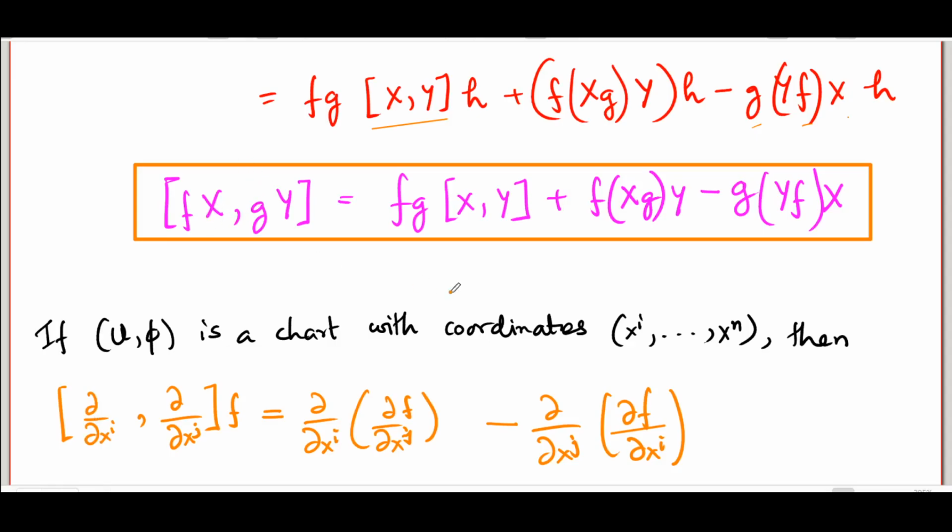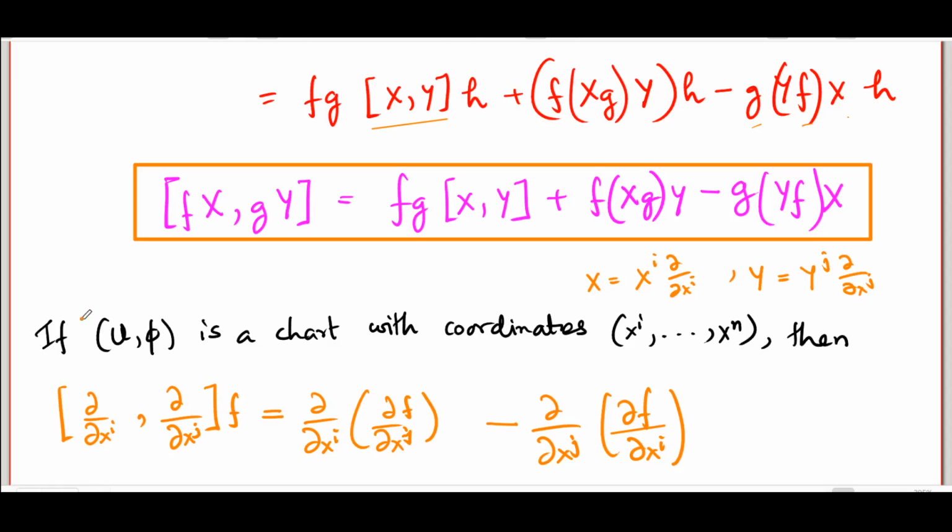Since capital X can be written down as Xi del xi, and Y can also be written down as Yj del xj, it stands to reason that if I know how to take the Lie bracket of del xi with del xj and use this formula, we will be able to figure out a simple expression to find the components of the Lie bracket of X and Y. When we say components, of course, we mean in this particular coordinate system.